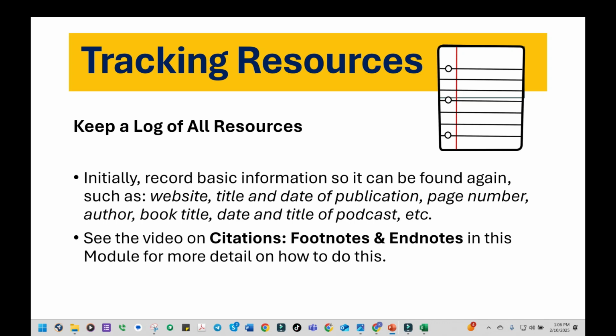So if you have a spreadsheet and you write the sources down, then you can at least go back and figure out where you found that information. Whether you use this or not, write everything down, because then you'll have it available to you if you change your mind later and actually do want to use the information.